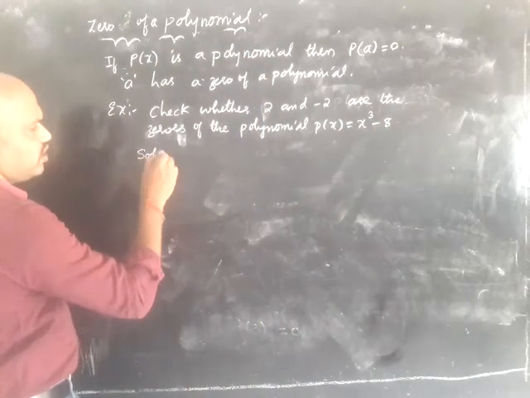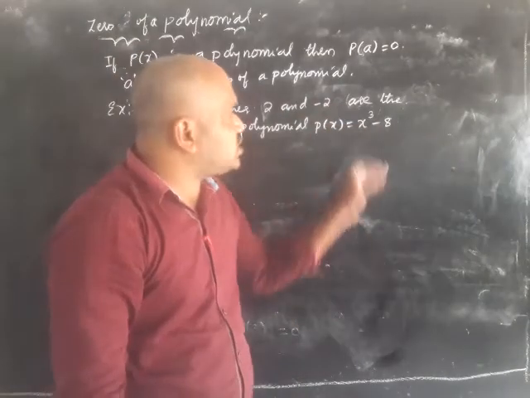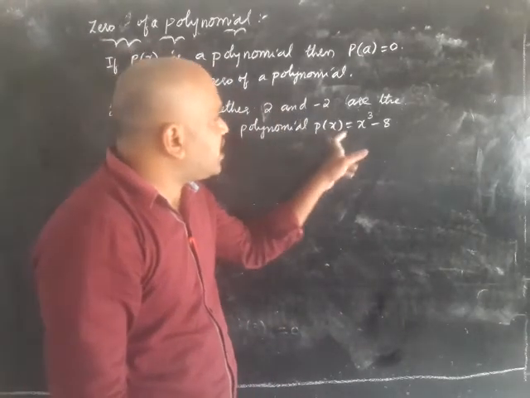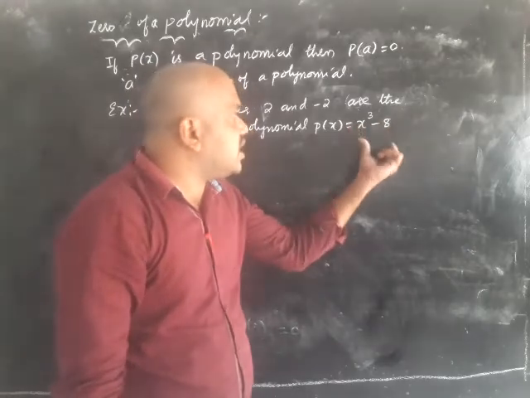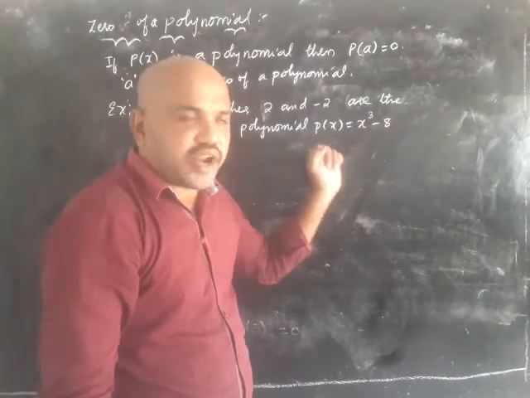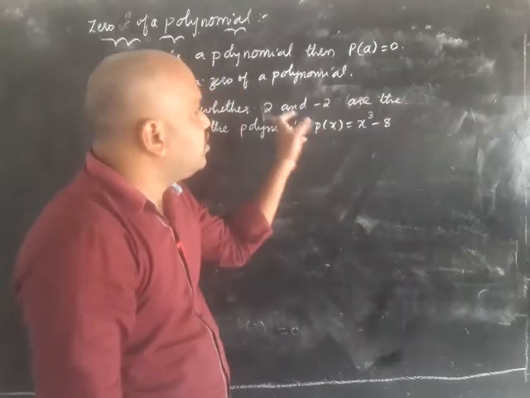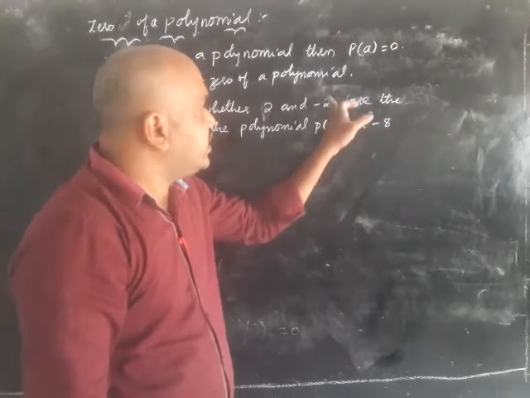Now we have to find whether 2 and minus 2 are zeros of this polynomial or not. First, in place of x we replace 2, and after doing the addition or subtraction, if the entire polynomial becomes equal to 0, then 2 and minus 2 will be the zeros. First we substitute 2, next we go with minus 2.